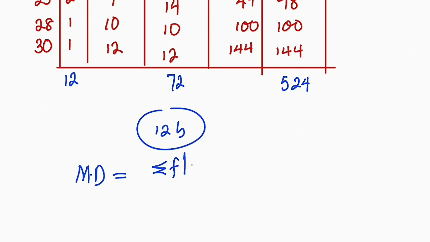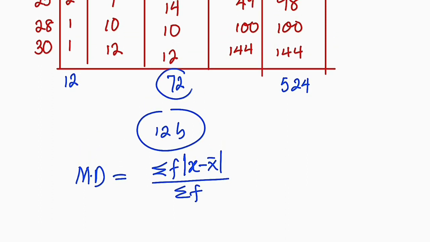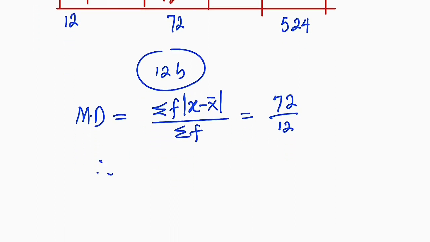F, the frequency, multiplied by the absolute value of x minus x bar. Divide by summation of f. And you can see the summation is already here, which is 72. So this is equal to 72. Divide by summation of f, which is 12. So we divide by 12. And 72 divided by 12 is equal to 6. Therefore, mean deviation is equal to 6.